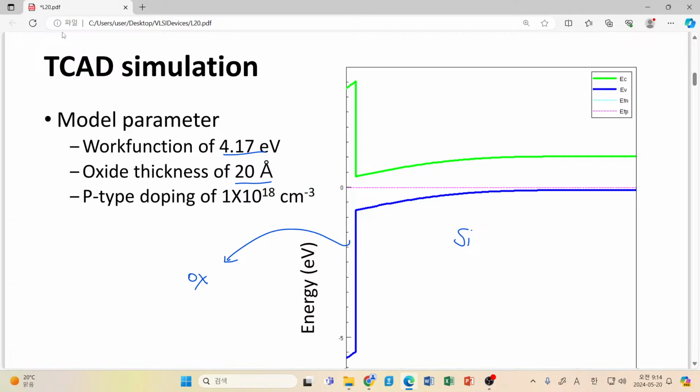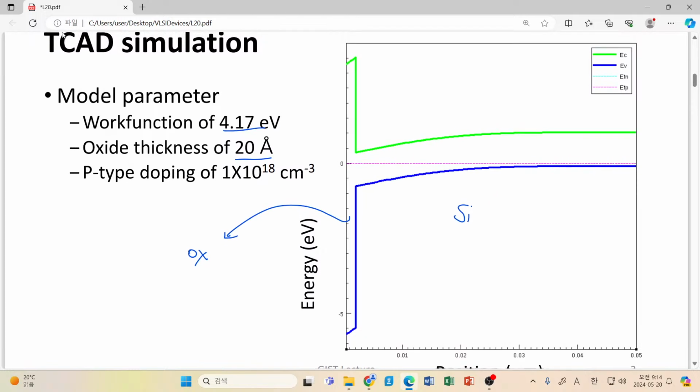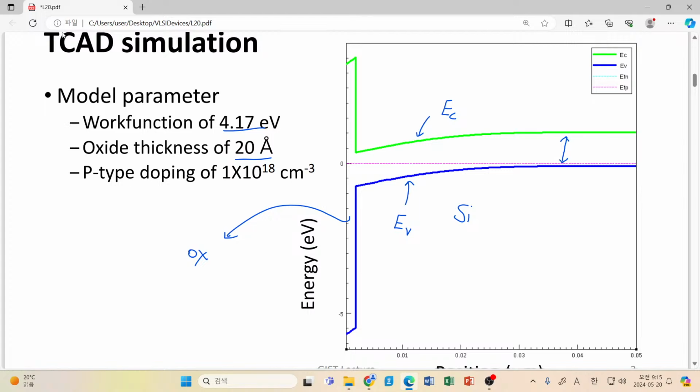So now think about the band diagram. Here this is corresponding to your conduction band, and this is the maximum of your valence band. Then please estimate the difference between this EC and EV. What is this quantity? The energy difference between EC and EV is called the band gap energy.